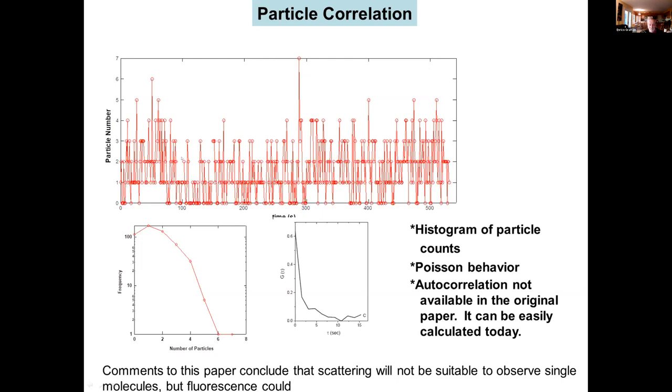So this number of the fluctuation has to be calculated according to a mathematics which actually was not available in the year Svedberg did the experiment. And here is what I call the autocorrelation function. I will define what it is.